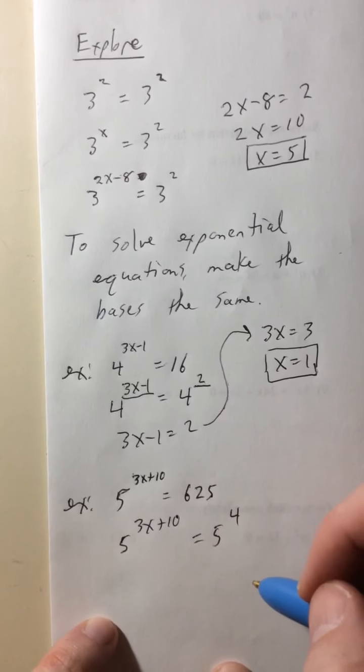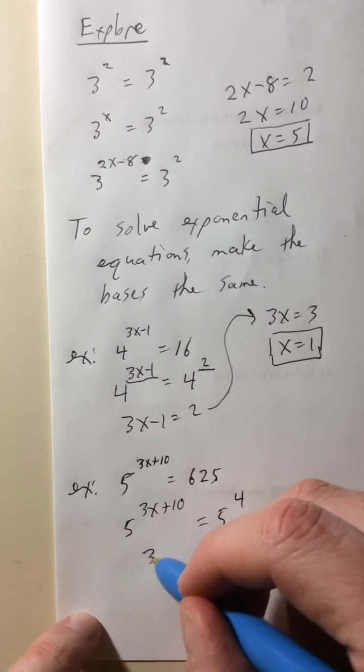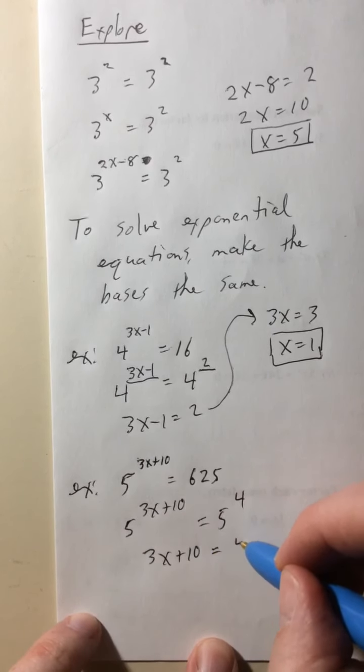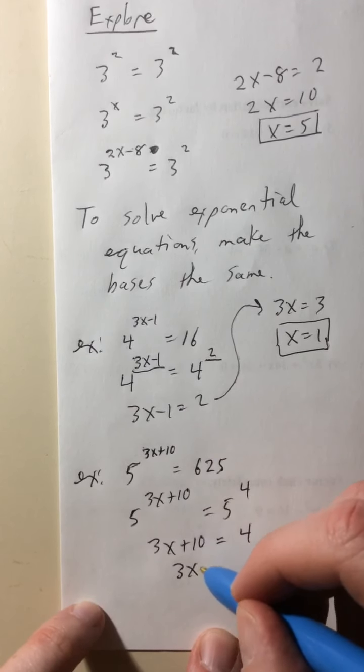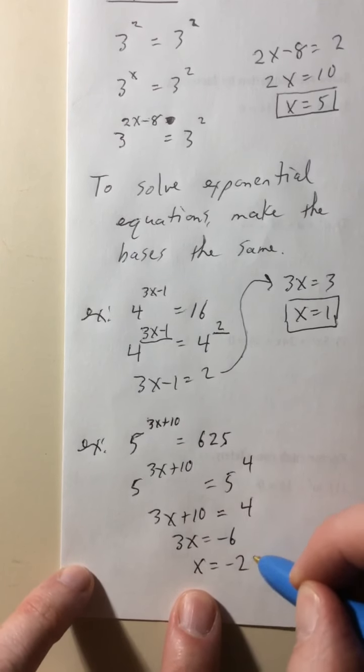We have the bases the same. Now we just need to set the exponents equal to each other. And we get 3x plus 10 equals 4. And we subtract 10 from both sides, and we get 3x equals negative 6, or x equals negative 2.